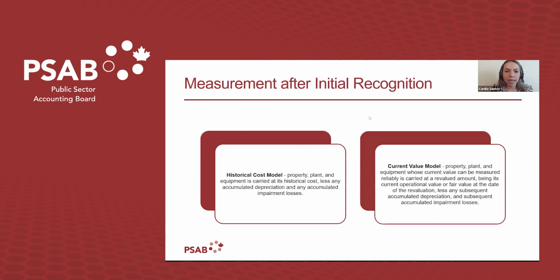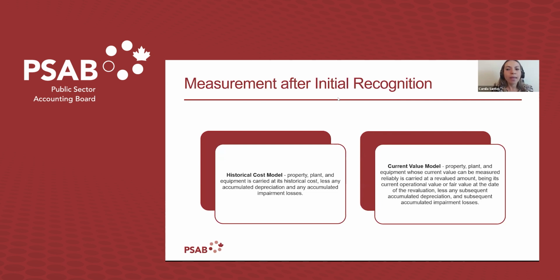Now, let's take a look at the measurement options after initial recognition provided by IPSAS 45: the historical cost model and the current value model. Under the historical cost model, after recognition, items are carried at historical cost reduced by accumulated depreciation and any impairment losses. The current value model is an allowed alternative treatment to historical cost that allows for revaluation.